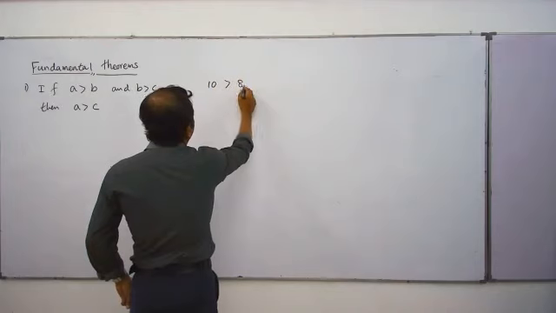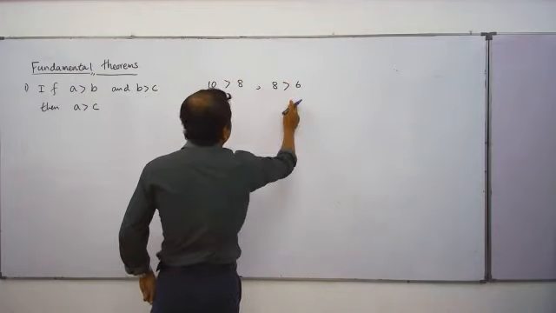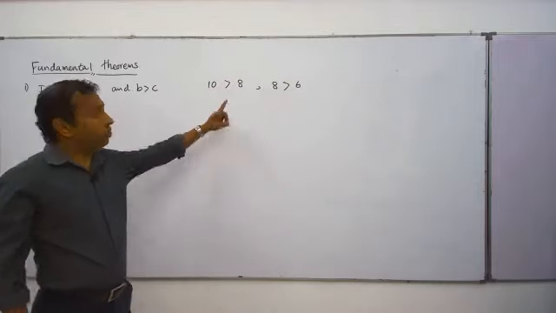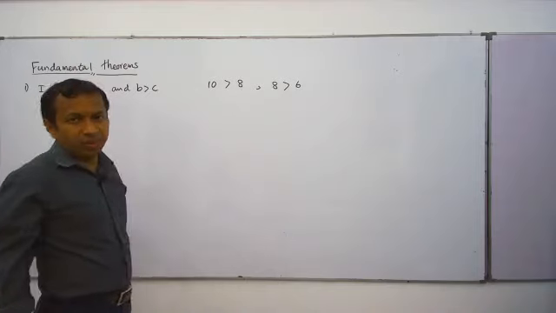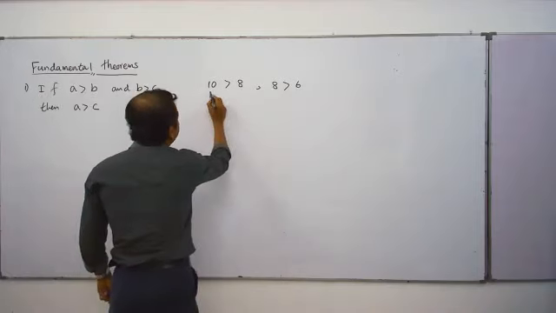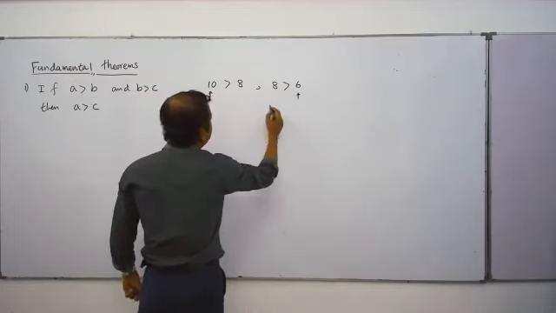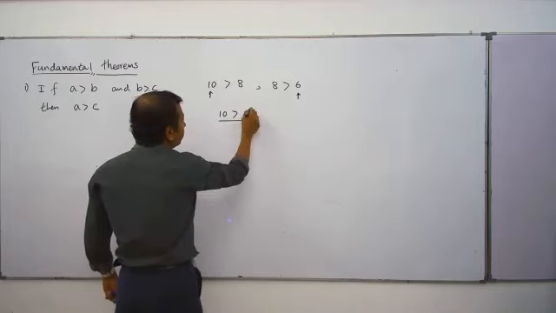Now I take this here. 10 greater than 8, true. 8 greater than 6, that's also true. Then this fundamental theorem says, considering the last one, 6, that 10 is greater than 6.